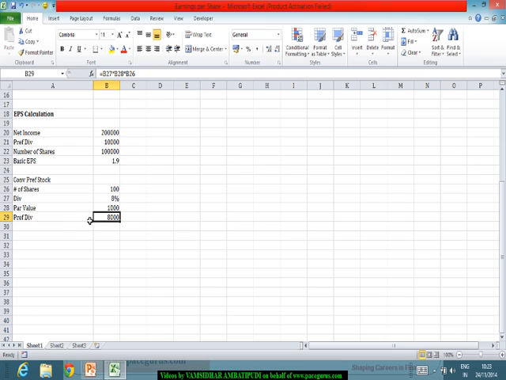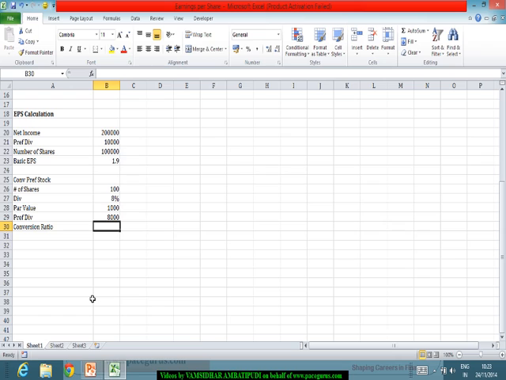So if this gets converted into equity, this 8,000 need not be paid, right? If it is getting converted into equity, the 8,000 need not be paid. So now I have to understand the conversion ratio.